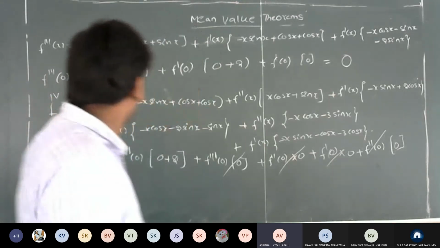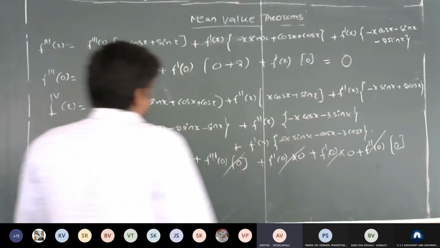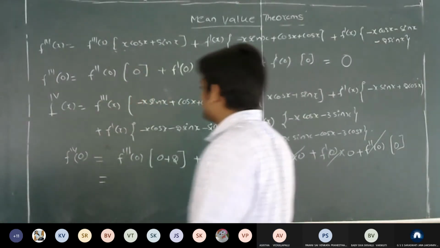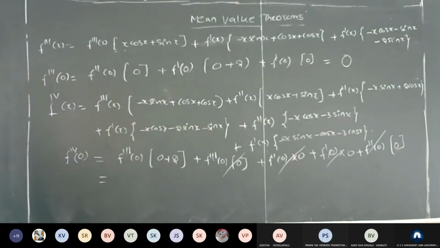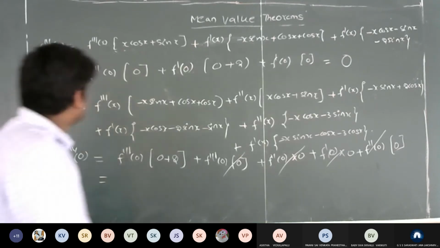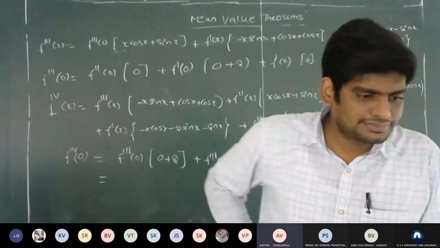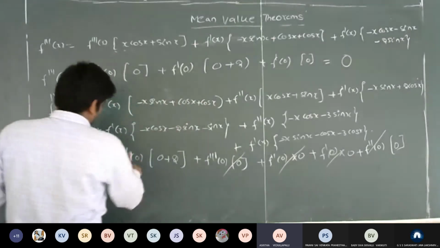F triple dash of 0 is 0. F fourth dash is 0, right? I think f double dash of 0 is 2. Yes sir, f double dash of 0 is 2, sir.